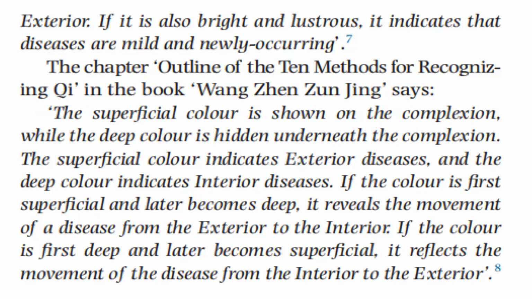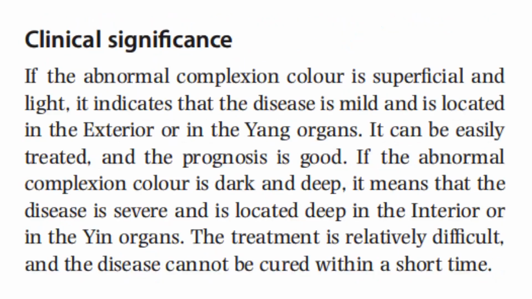If the color is first superficial and later becomes deep, it reveals the movement of a disease from the exterior to the interior. If the color is first deep and later becomes superficial, it reflects the movement of the disease from the interior to the exterior.